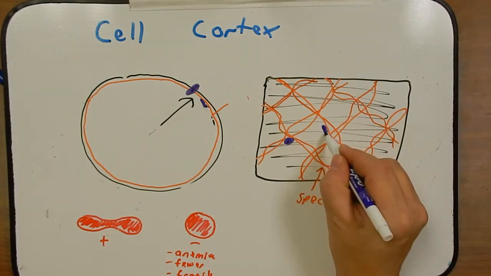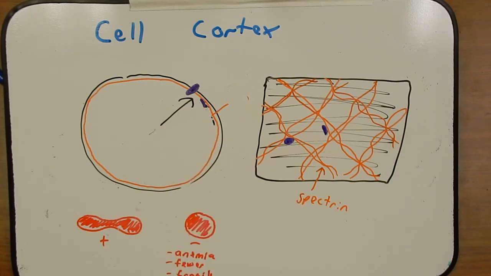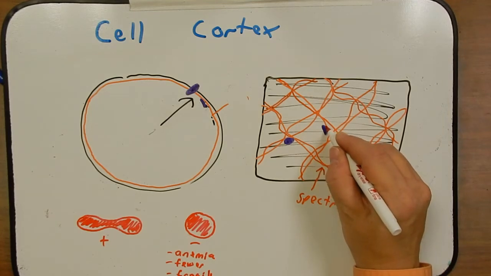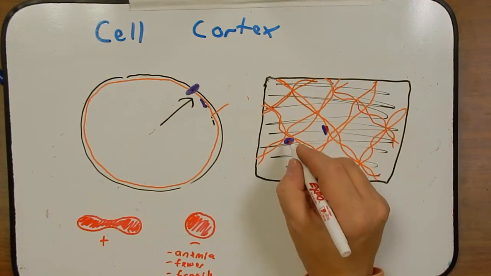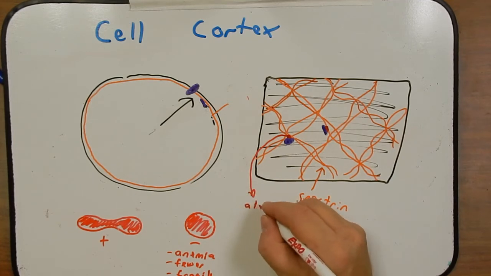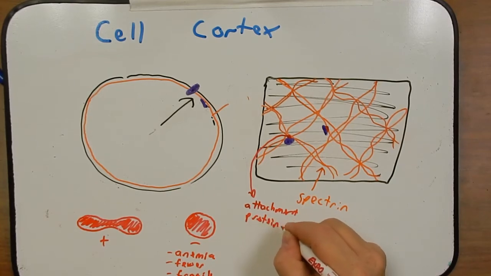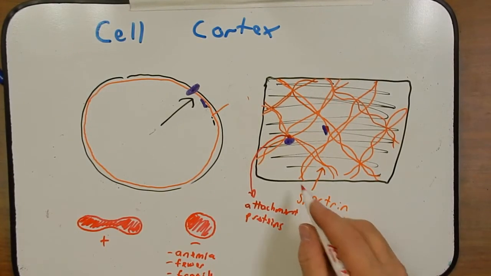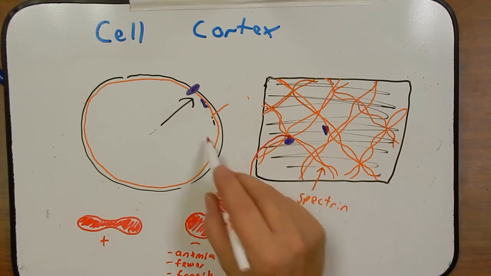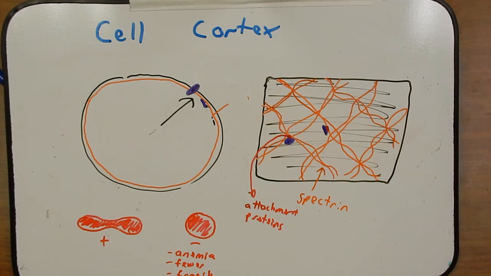And they do that by taking these transmembrane proteins or peripherally attached proteins and holding them there with these attachment proteins. So let me write it out here: attachment proteins. Attachment proteins bind to the spectrin and then anchor these transmembrane proteins or the peripheral proteins, whatever protein might be associated with the plasma membrane here.